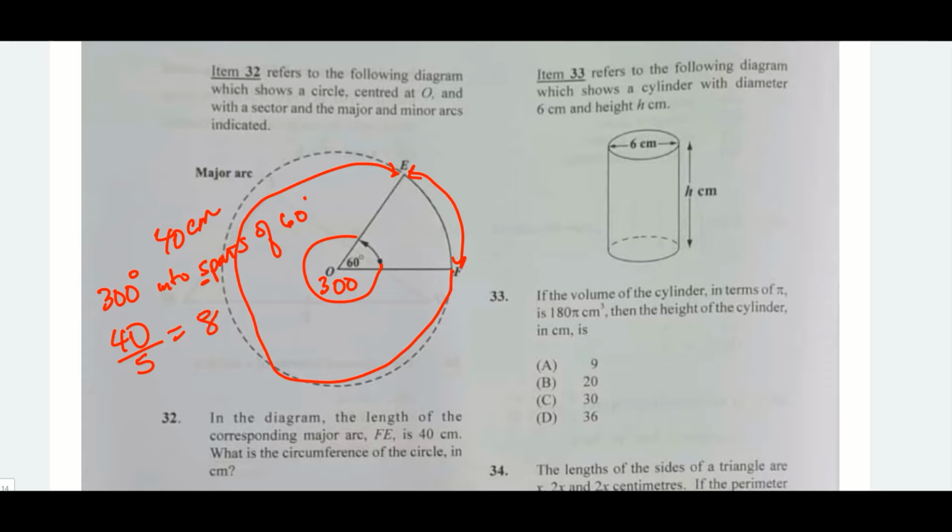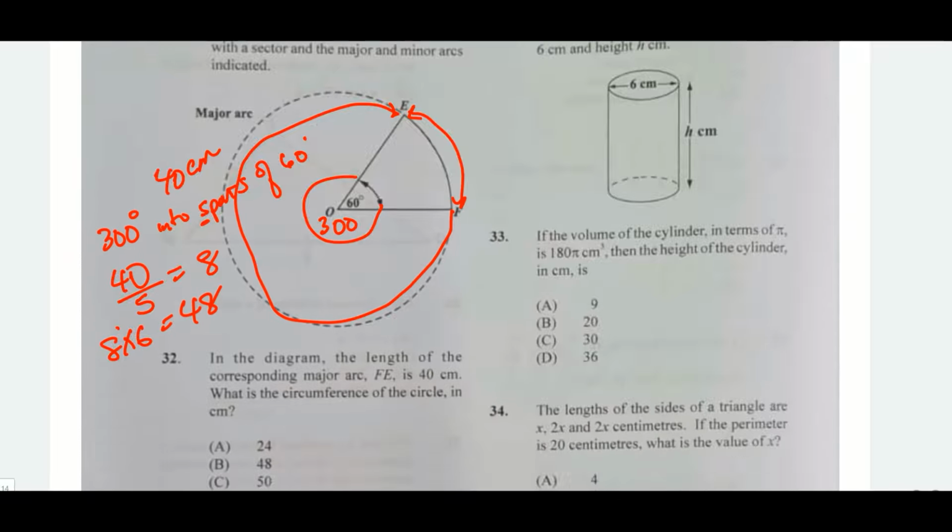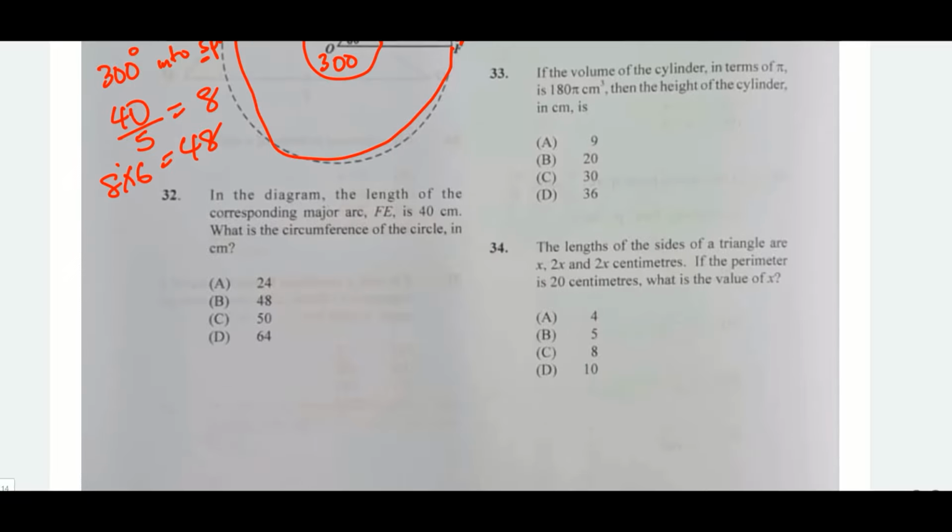Now, overall, since this 300 degree would give us 5 60 degree parts, and we have one more 60 degree, that's going to be 6 parts. So we have 8 times 6, and that will give us 48. And let's see if our answer is there. And our answer 48 is there.